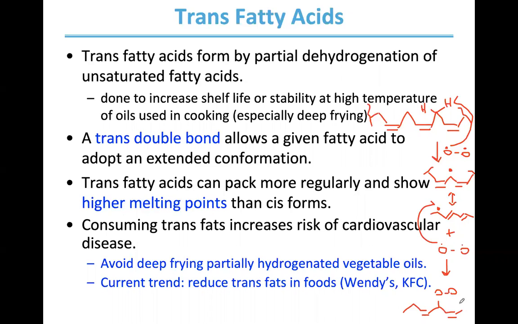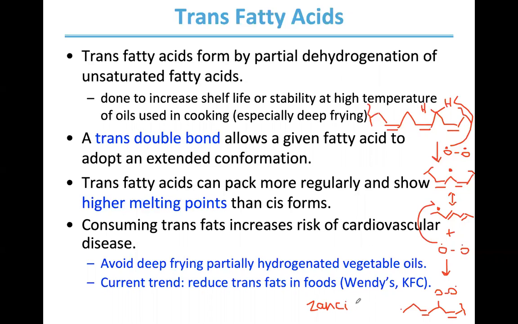Something like this, right? So it results in the oxidation, and so the shelf life of these kind of fatty acids is short because of the oxidation, and they go rancid. Remember that word, rancid, right?